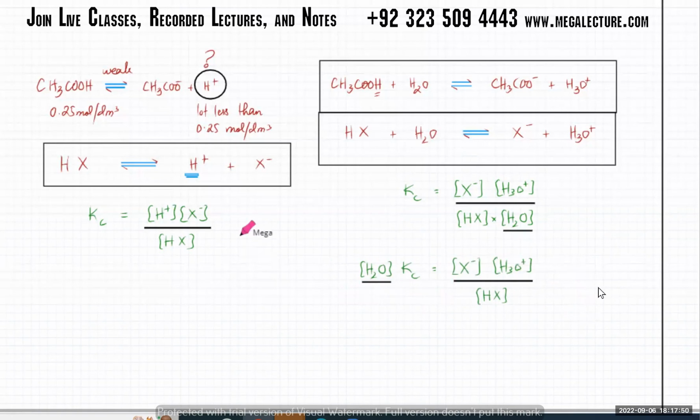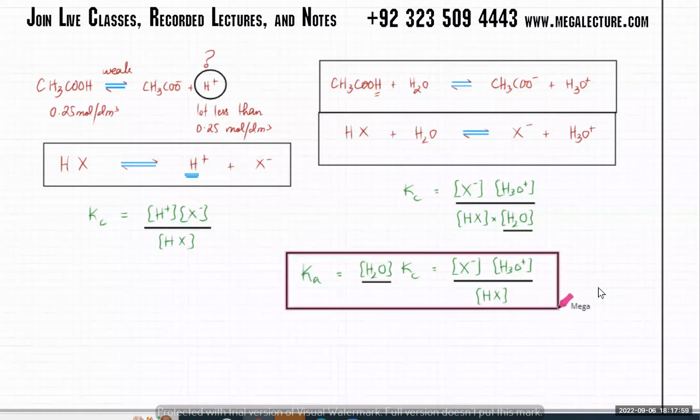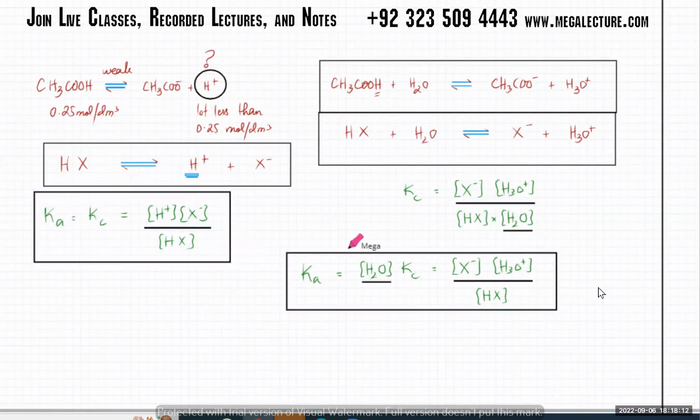This entire thing is known as Ka. So the simplified expression, which is kind of the same expression, this Kc, is basically known as Ka.